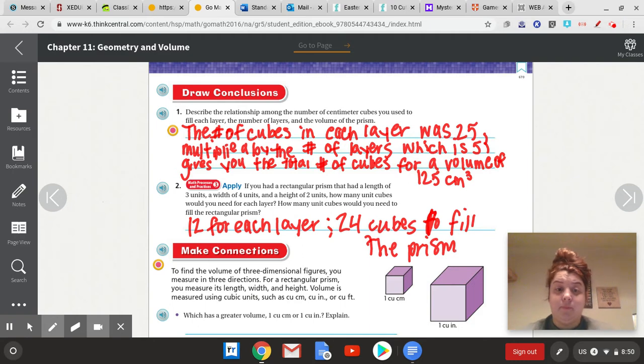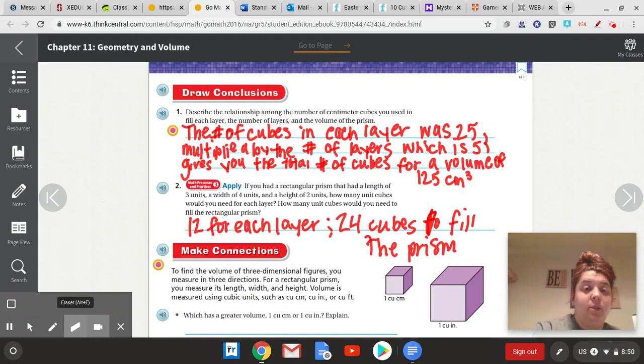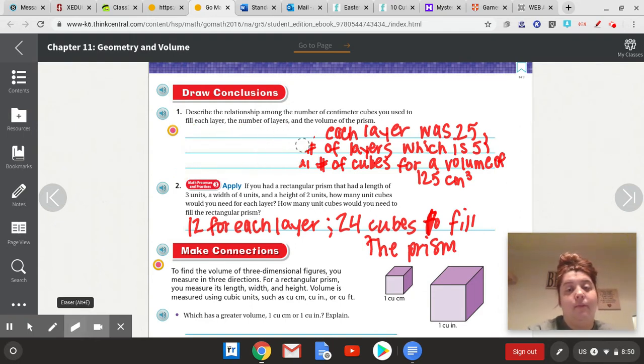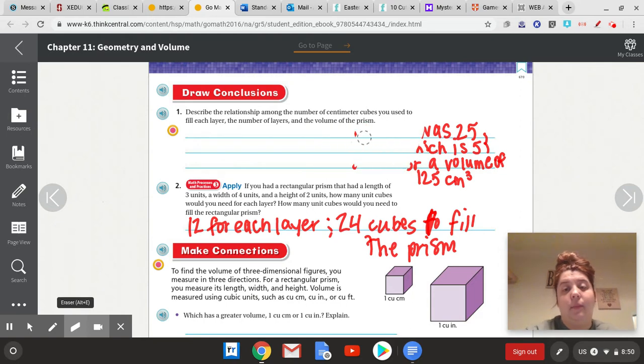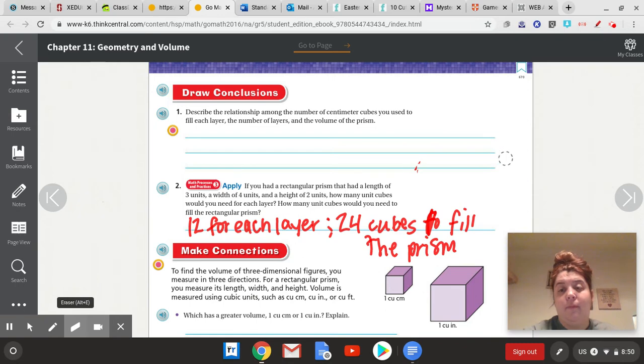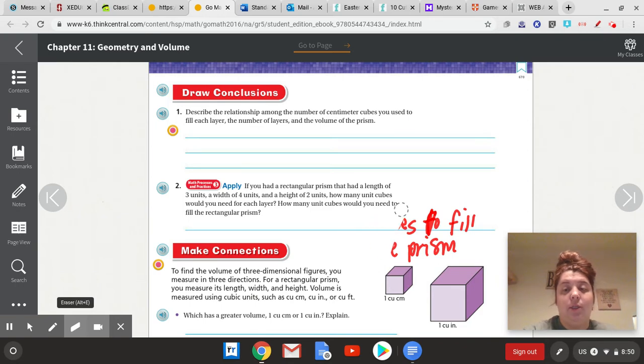Okay, so 12 for each layer, 24 cubes to fill the prism. I'm going to start erasing. And we'll move on down to the next questions.